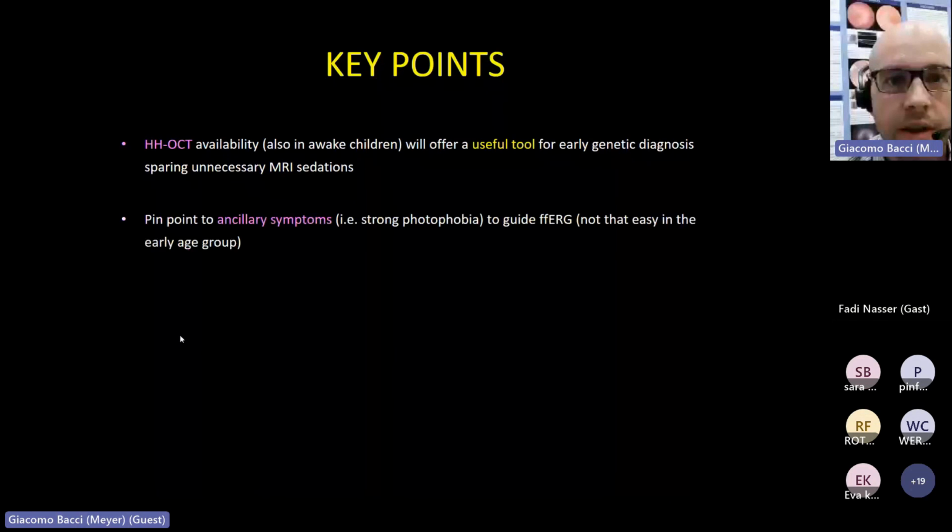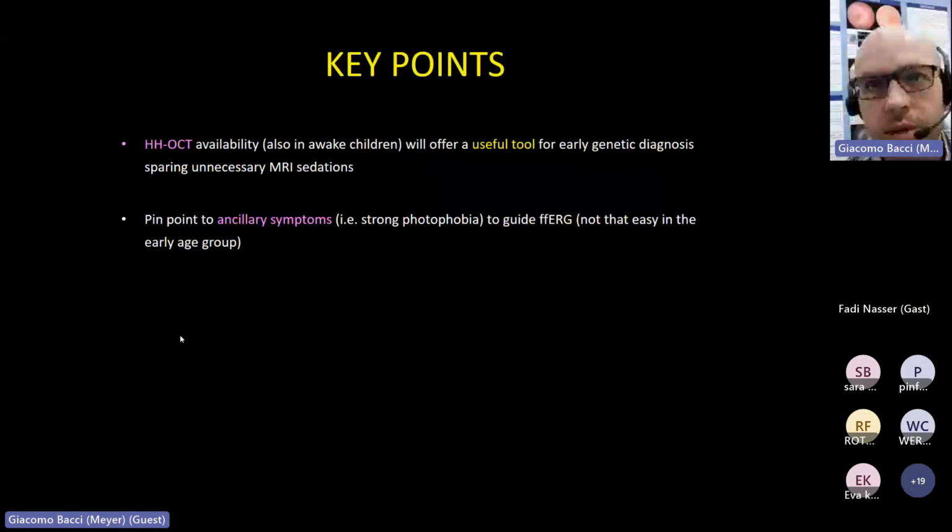I think we, as clinicians, have to pinpoint the ancillary symptoms. As you see, the presence of strong, clinically evident photophobia, and the performing of full-field ERGs can help us to define the molecular parts to be considered when we have foveal hypoplasia.